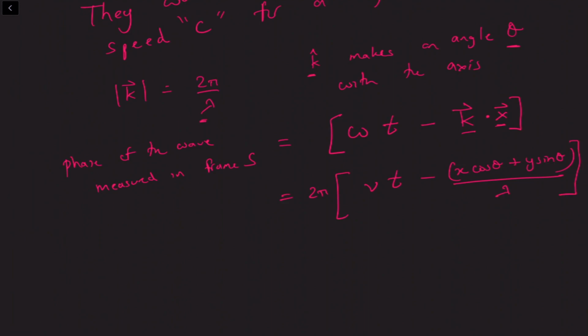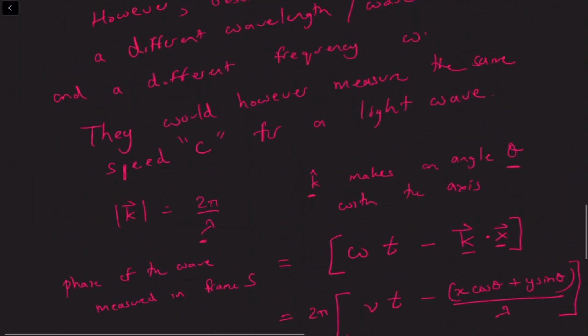Now, if the speed of the wave as seen in frame S is also c, then we should have that lambda over the time period as measured in frame S should be c, or equivalently lambda times the frequency as measured in frame S should be c.